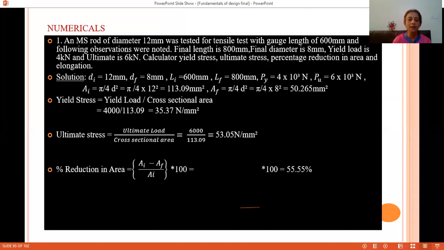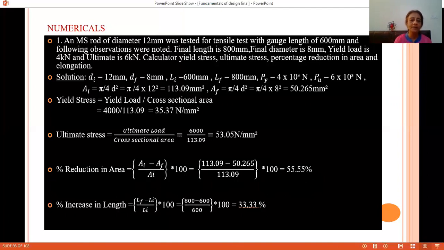So this is the formula, AI minus AF upon AI into 100. After substituting values, we will get that when a material diameter changes from 12 to 8, there is a 55.55% reduction in area.